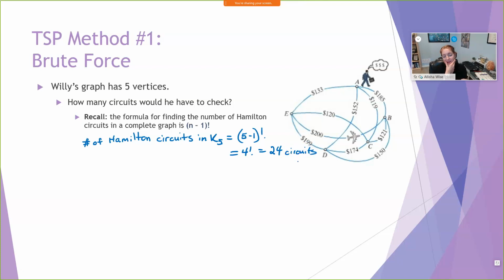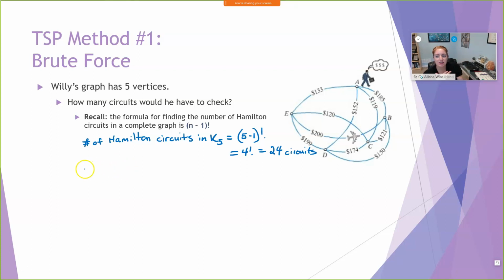But half of those are going to be mirror images. If you think about mirror images, they're the same set of edges, you're just going backwards. So they're going to create the same cost, whether you go forwards or backwards, right? Same cost. So we don't need to replicate that.